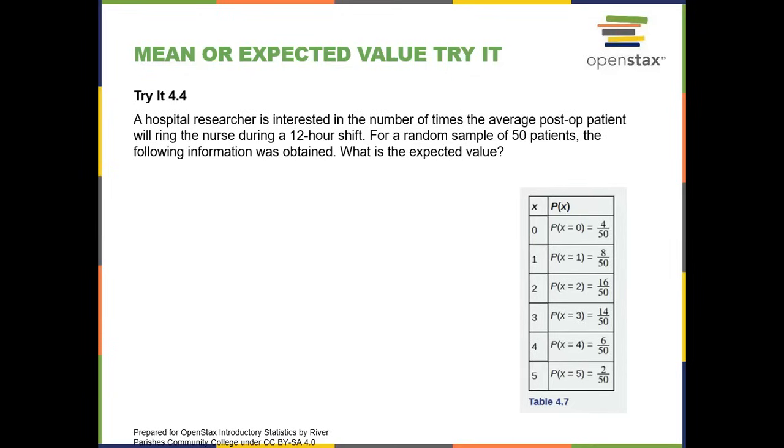Next row, x value is 1, times the probability 8 out of 50. The product is 8 out of 50, and so forth. Once you add all the products, you get the expected value. So mu is the sum of the products of x times the corresponding probabilities.